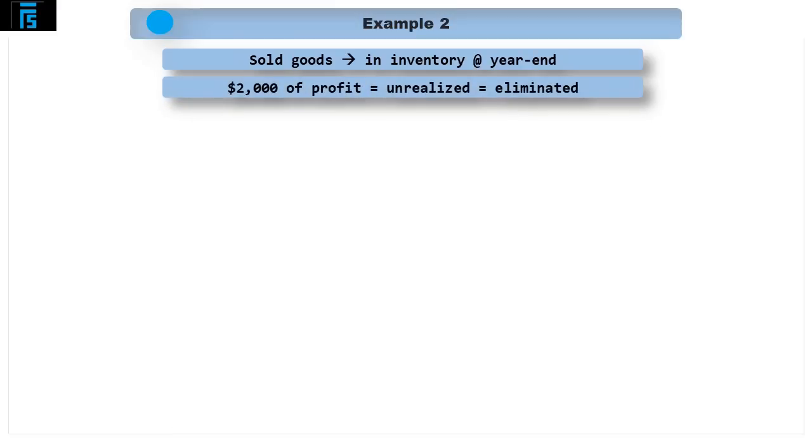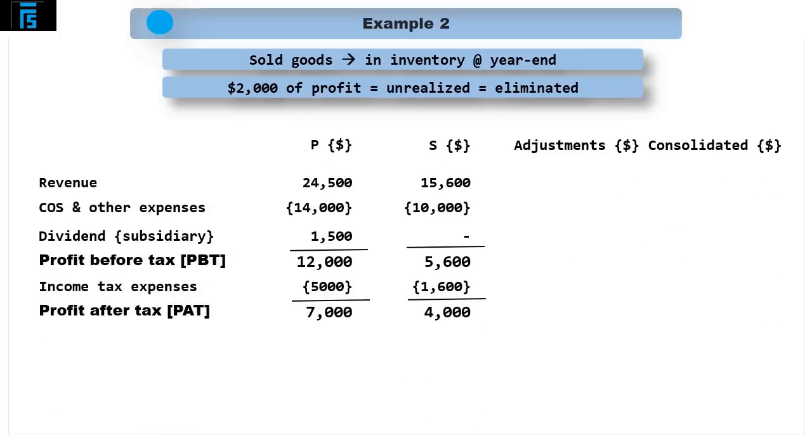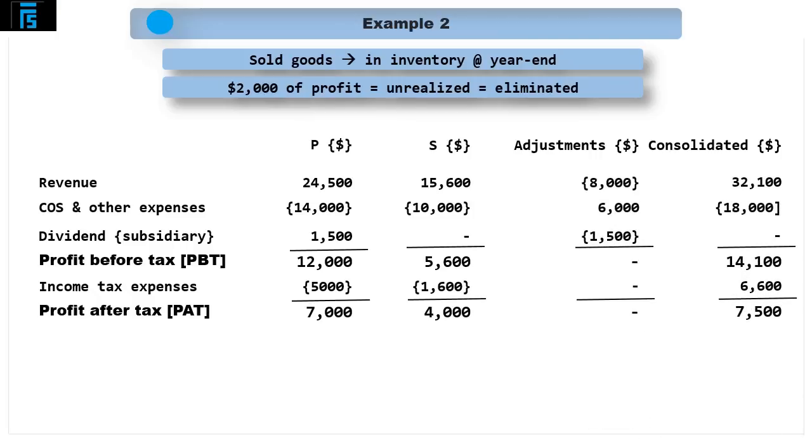Because the €2,000 of profit on the intra-group transaction, which is reported in the income statement of P, remains unrealized, it must be eliminated by adjusting consolidated revenue downwards by €8,000 and the consolidated cost of sales by €6,000 in the same direction. These adjustments result in a consolidated revenue figure of €32,100 and cost of sales of €18,000.